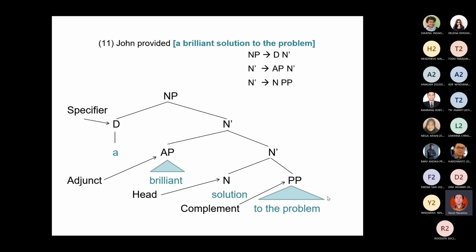If you draw the tree and treat this as two constituents, one is a PP and the other one is an AP. Okay, makes sense for now. Thank you, Pak.